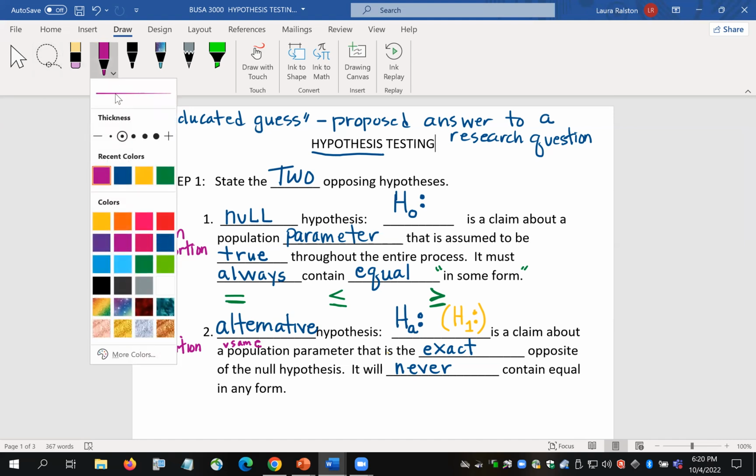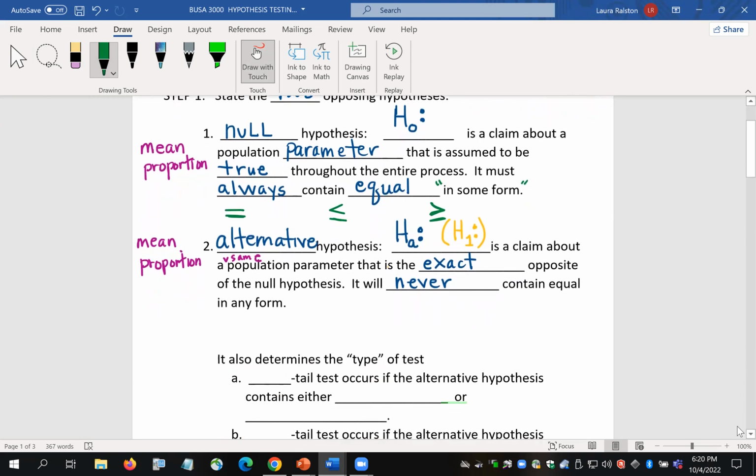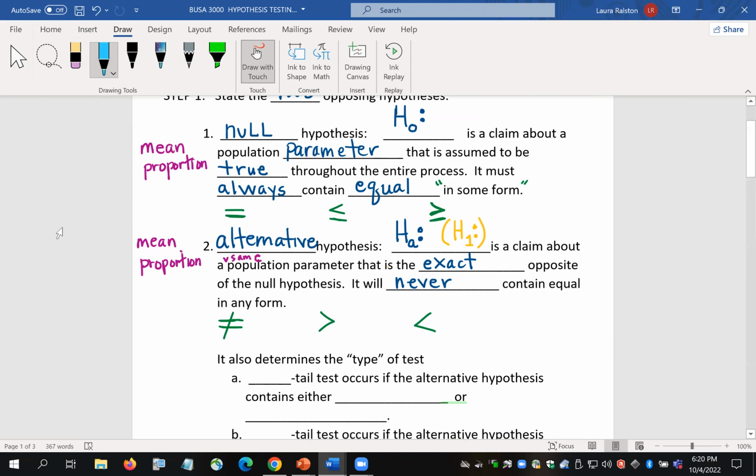The mathematical symbols that you could see in the alternative are going to be not equal to, greater than, or less than. And I will point out to you that those particular things are always paired together in that manner.